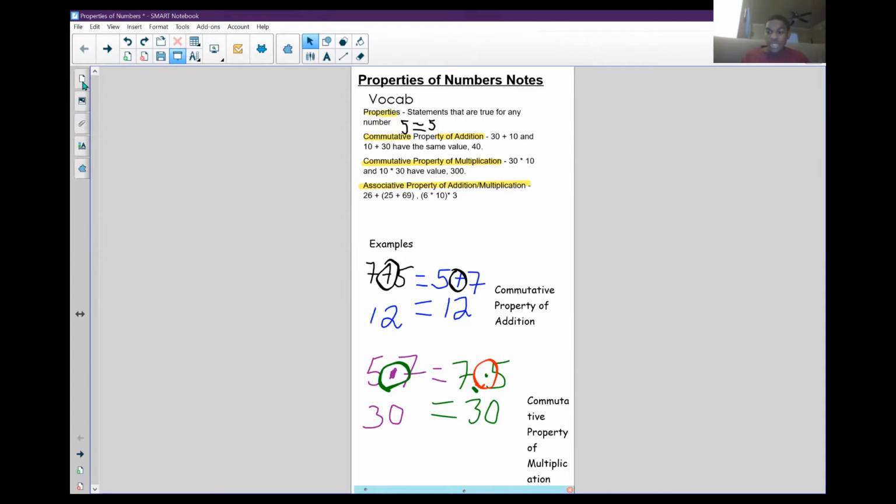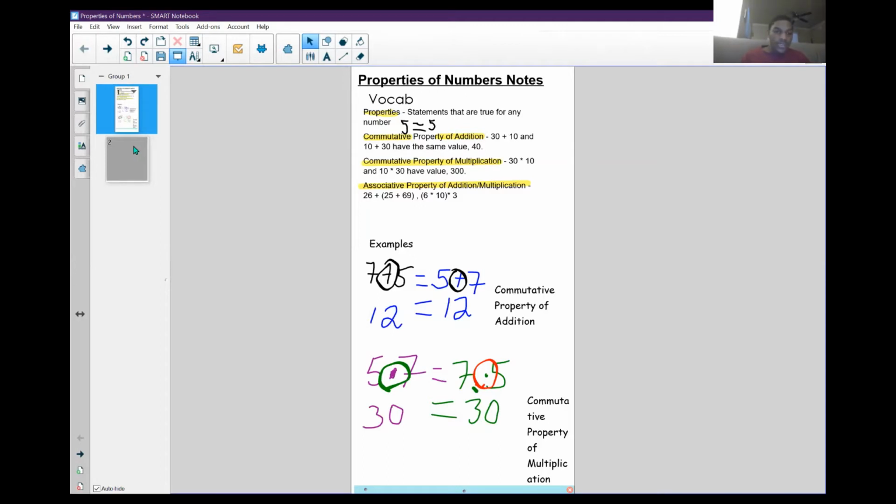Screenshot it. I mean, take a picture of it. Do whatever you need to do to keep this information because you will need this information once you get into 8th grade or 7th grade. Because I'm pretty sure you will do some type of stuff like this.